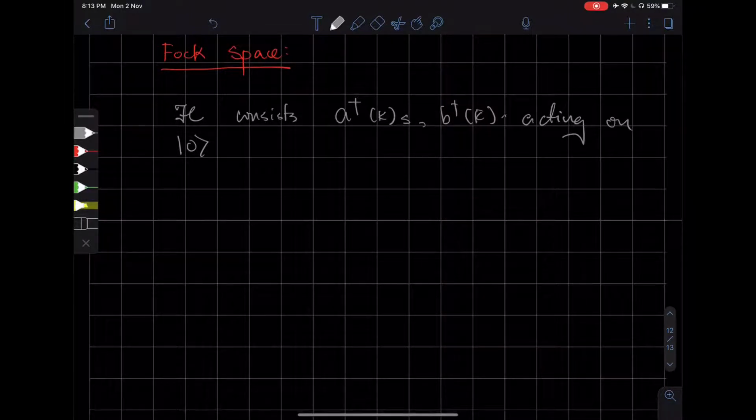We mean multiple A dagger and B dagger, so we put S's there. So that's what the Fock space is. And it has the following properties.